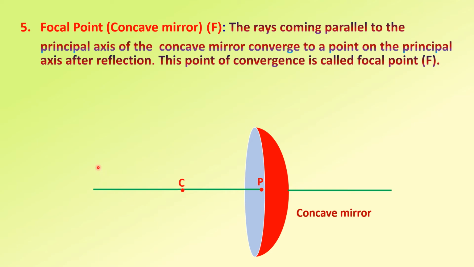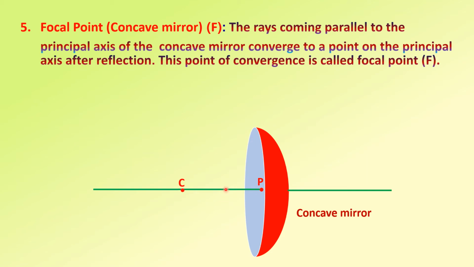Suppose some rays are traveling parallel to the principal axis and fall on the reflecting surface, that is the concave mirror. After reflection, all the reflected rays will cut the principal axis at a single point. That is, all the reflected rays will intersect at one point on the principal axis.